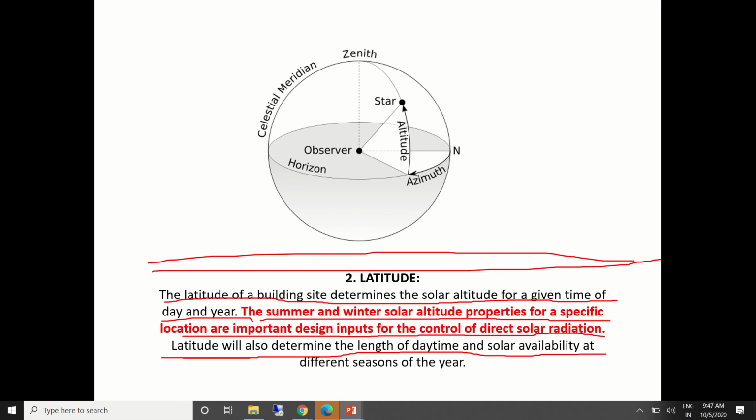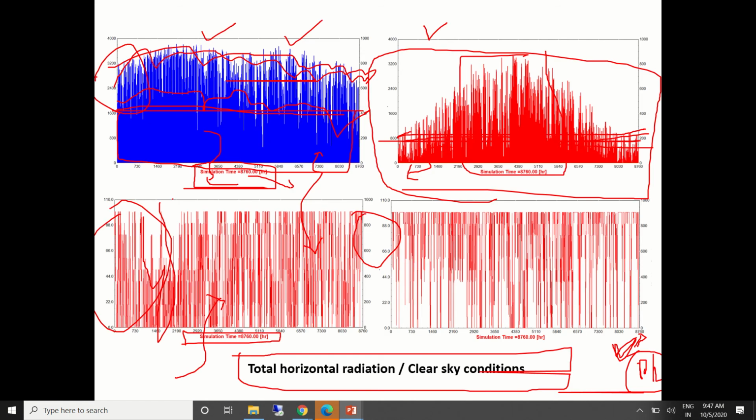So, for example, if I take the same example, if you go to Europe, for example, I was in France, they get sunshine even during summers. They get sunshine even till 10 in the night. The sun sets at 10:30 or 10 o'clock in the night.